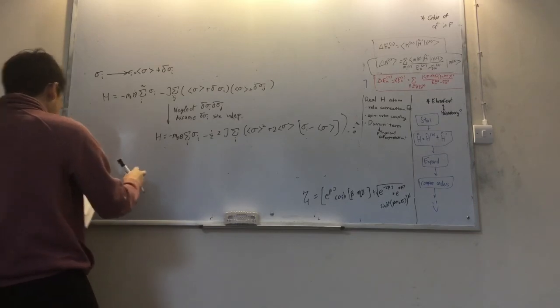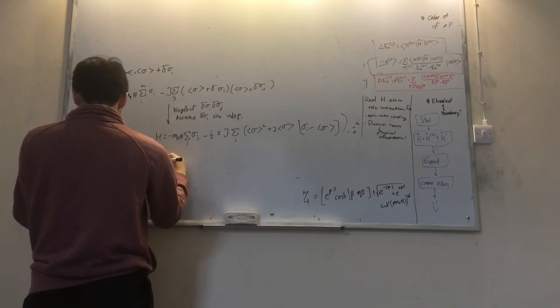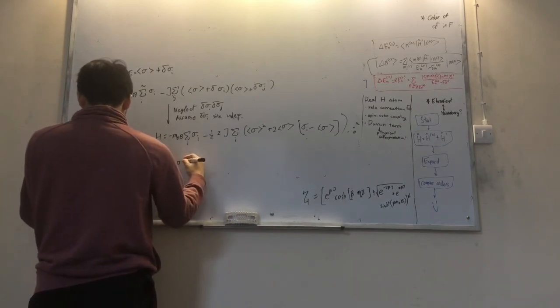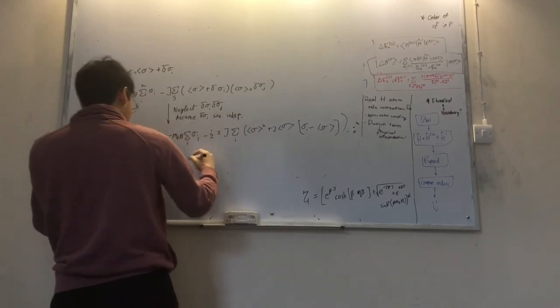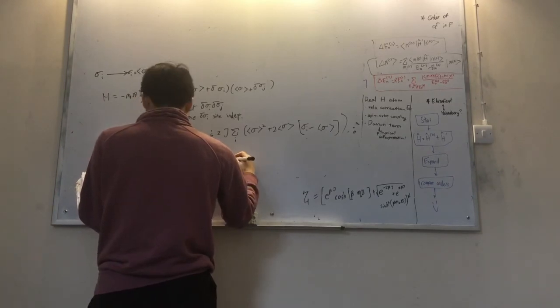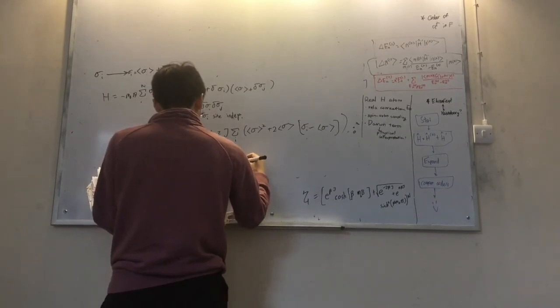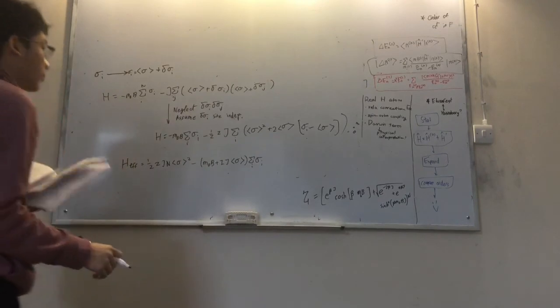So it's a single particle two-state system. H effective is half Z J N mean sigma squared minus mu naught B plus Z J mean sigma, sum over i of sigma i.